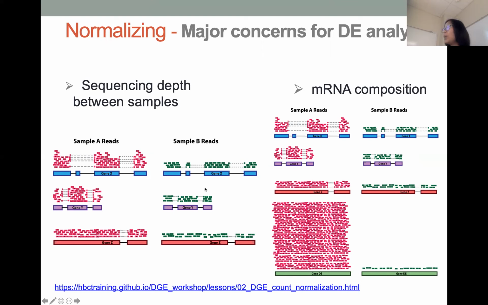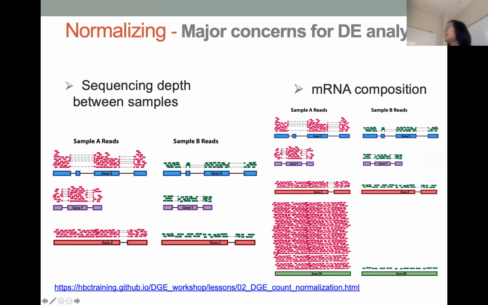For sample B, we have it like this. So when we compare sample A with sample B, it seems that each gene is double expressed. But in fact, it's because for sample A we had more read depth. So we need to take that into account.